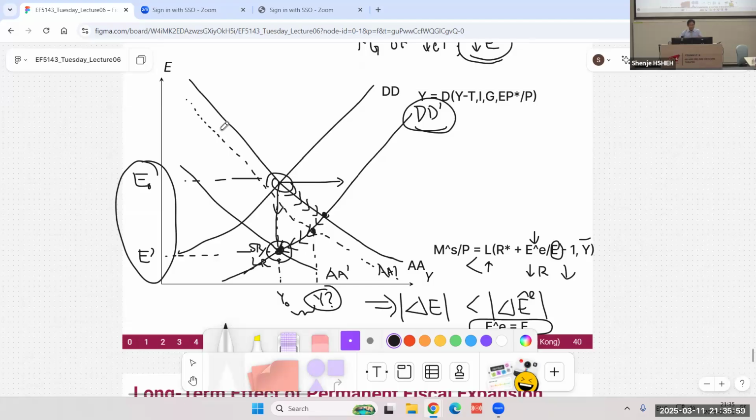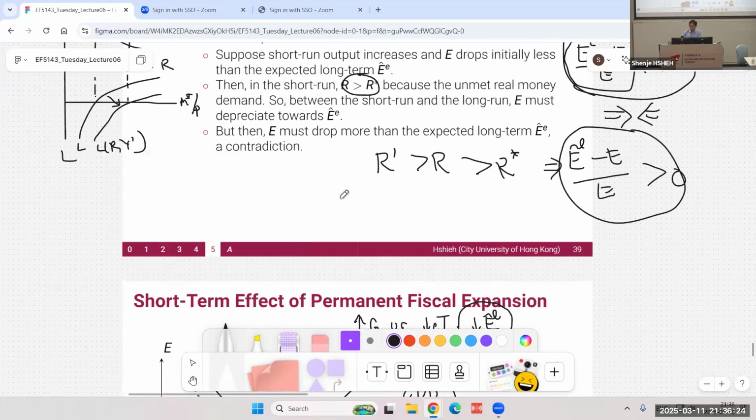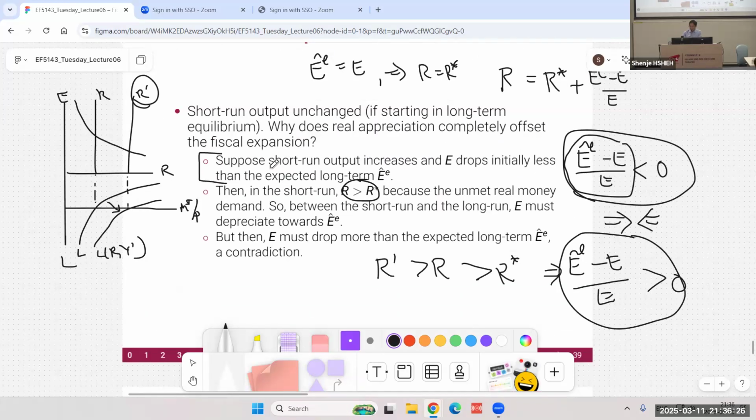So suppose now there is an output effect, which means that the AA schedule did not shift enough to wipe out or crowd out the output. So it just shifts down, let's say, a little. That means, in terms of E and E hat E, that the nominal exchange rate didn't decrease by the same amount as the change in expected E.